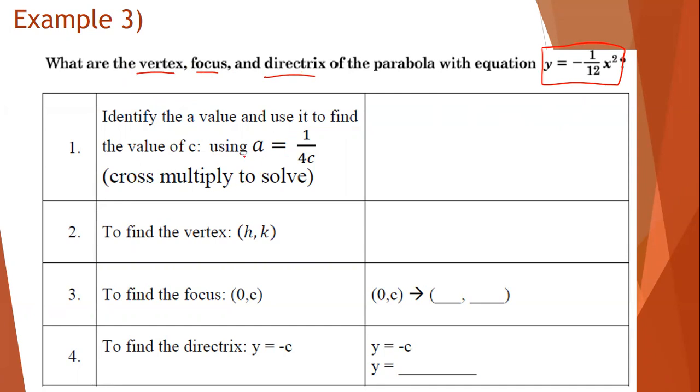And to find our C value, we're going to take our A, and what is A currently? -1/12. So we have A equals -1/12. And we're going to set A equal to 1 over 4C. And the reason why we're doing that is because it's normally y equals 1 over 4cx squared.